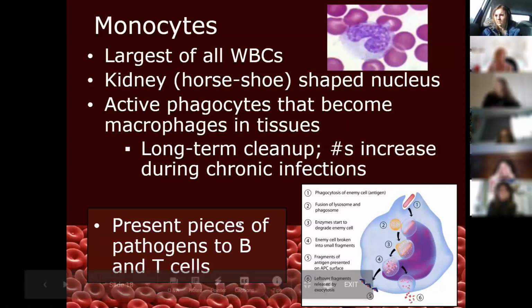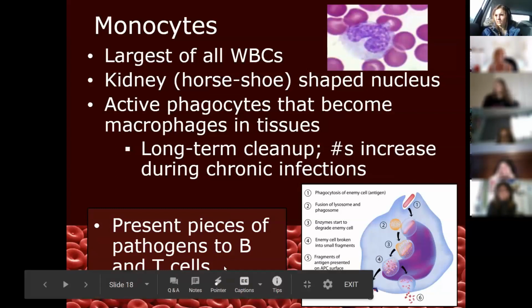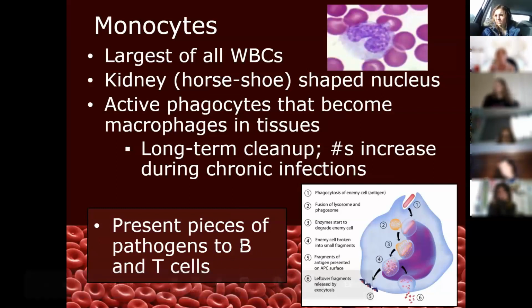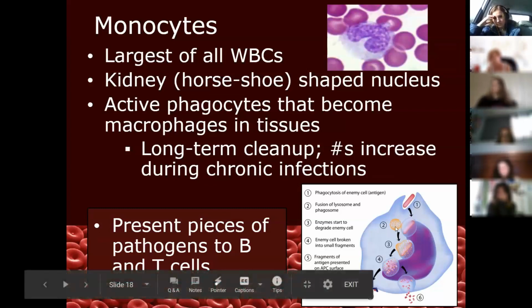So what they do, they take part in your immune system in that they present pieces of the bacterium or the virus that is invading your body. So they engulf it. Here, they're engulfing it. They digest it. So notice it's being broken down.